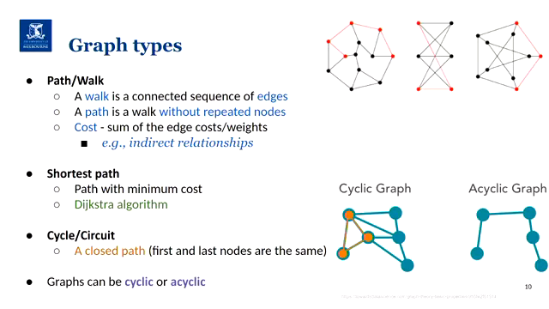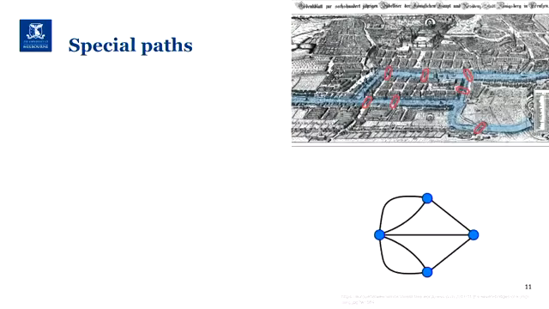If we do have a cycle in the graph, we'll have a cyclic graph. If we don't, we will have an acyclic graph. Okay? So basically, a cycle is a path that starts and ends on the same node. So this is a cyclic graph because it has multiple cycles, and this is an acyclic graph.